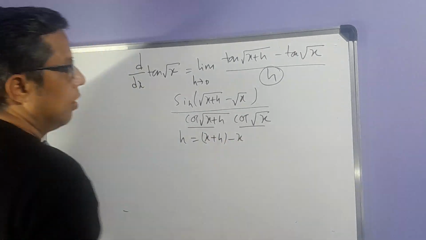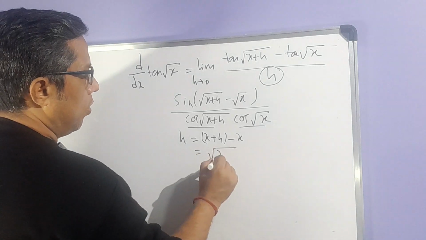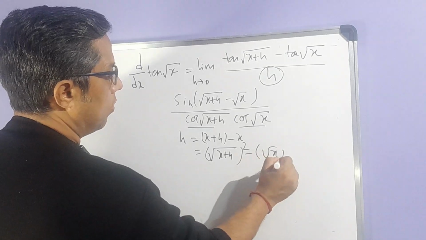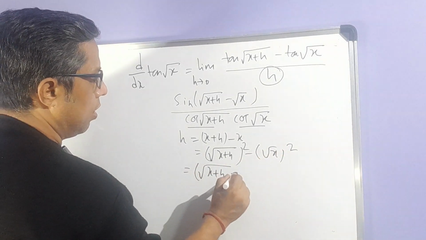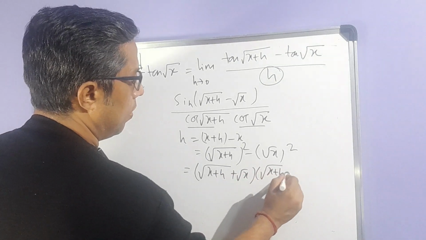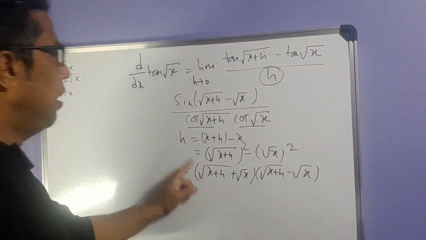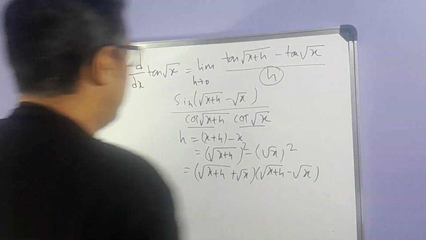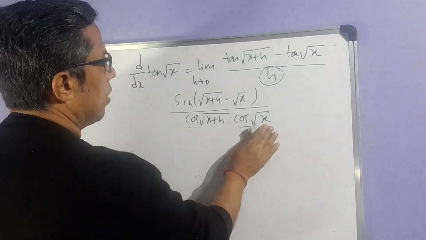That means it will be root over of x plus h square minus root x square, that means root over of x plus h plus root x and root over of x plus h minus root x. That's it. So we'll replace h with this value. Fine, let's do that, and that will be helping us.